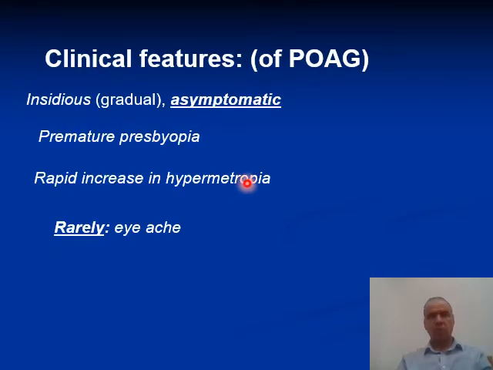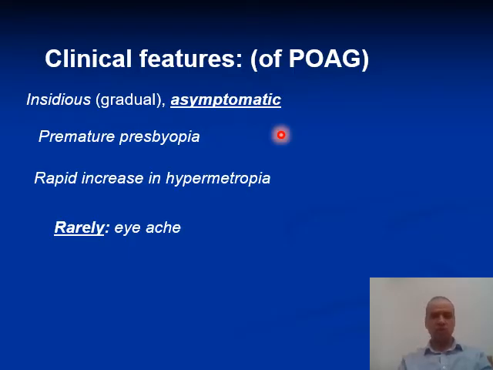Patients with primary open-angle glaucoma usually have no symptoms, and most cases are discovered accidentally by measurement of intraocular pressure, visualization of the fundus, or assessment of the visual field.